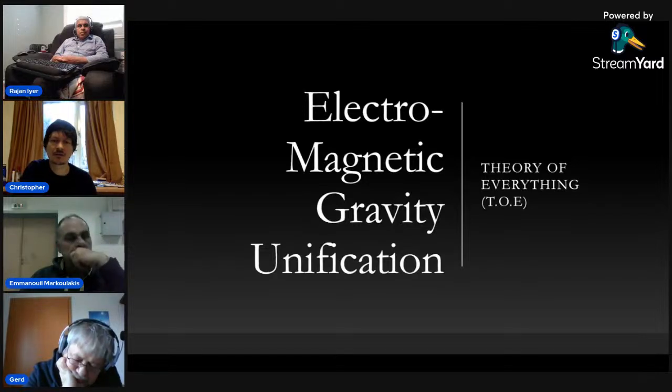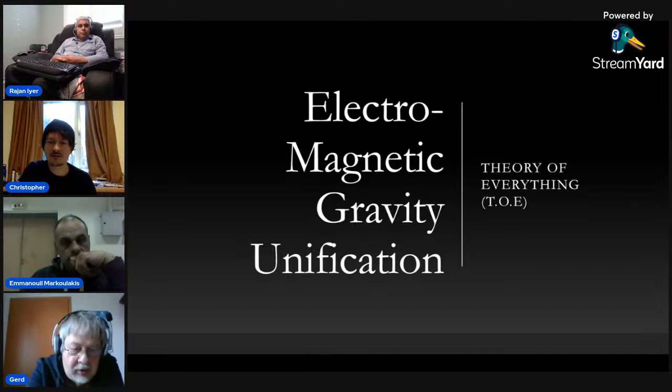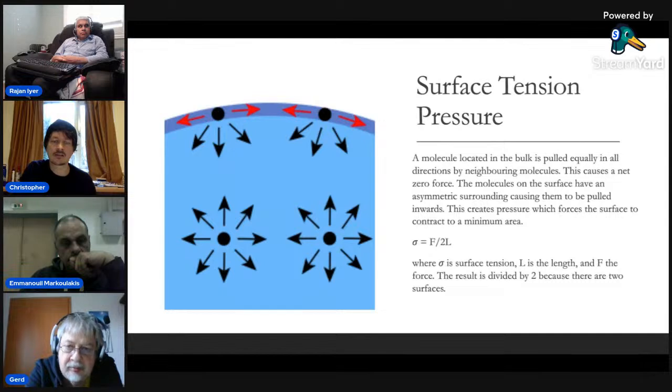So let's look at something a bit more solid or tangible in terms of electromagnetic gravity unification. This is what is deemed a theory of everything, as opposed to a grand unified field theory, which would include weak and strong forces. We're just looking at gravity and electromagnetism here.